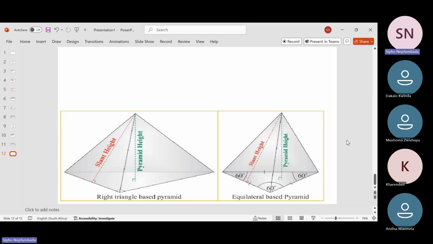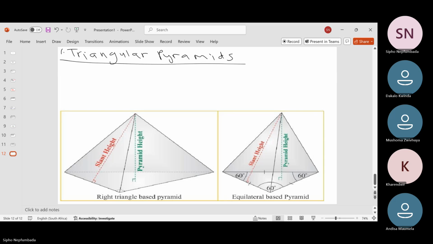So now, this is what we call a triangular pyramid.